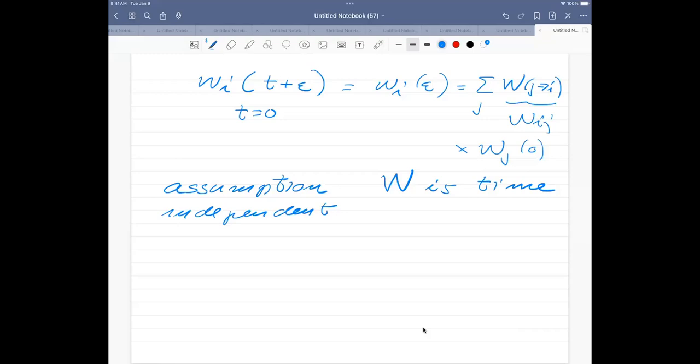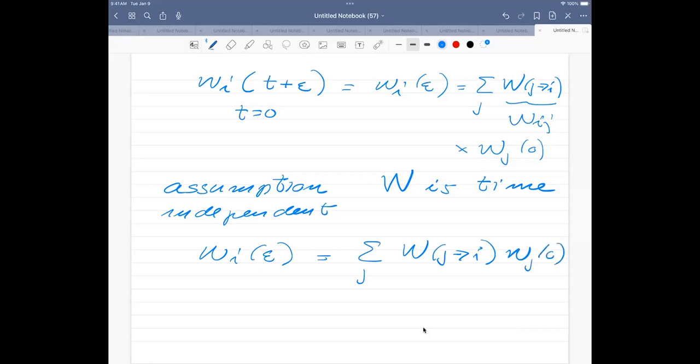So you could now think of applying this omega, the transition probability, many times. So we have this w_i of epsilon, and this was given by the matrix w_ji multiplied with w_j at time t equals 0.